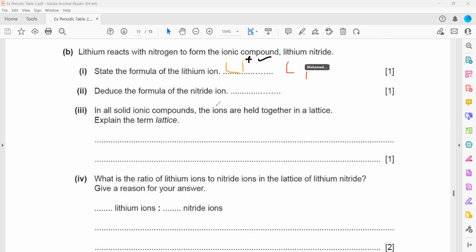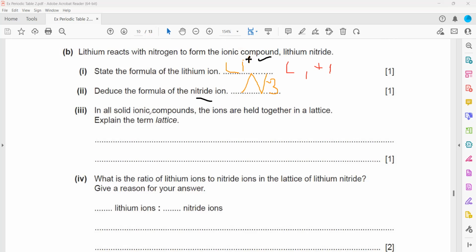Deduce the formula for nitride. Nitrogen is in group 5. Group 5 is -3.